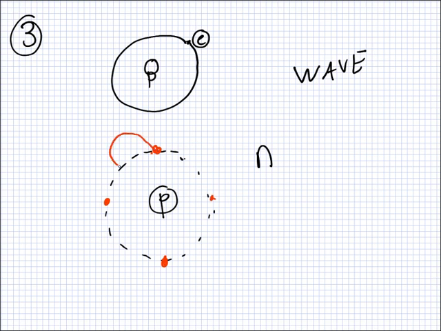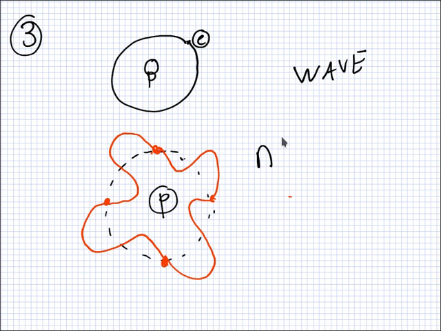Up, down, up. Up, down, up. So this picture here, there's 4 waves, for example. And in the picture I gave, it's also 4. So this is the electron like a wave around it.